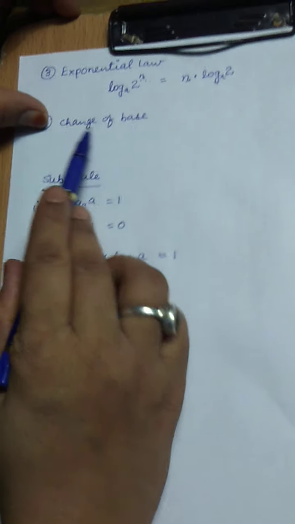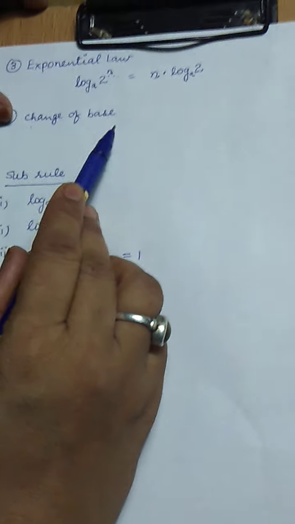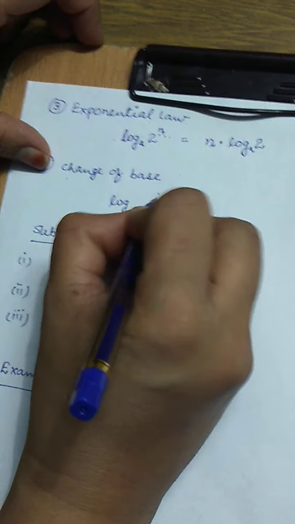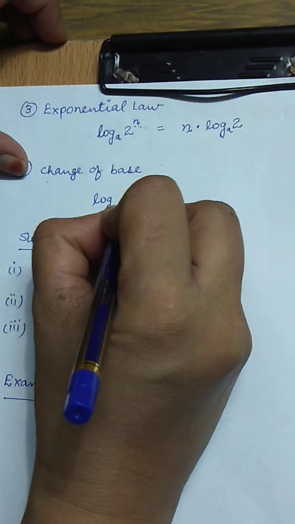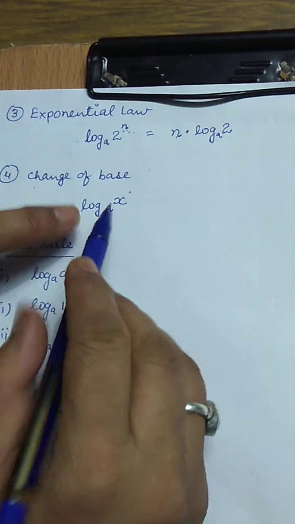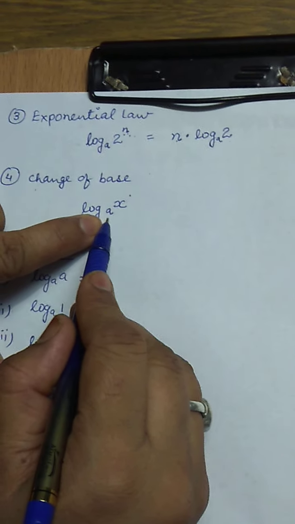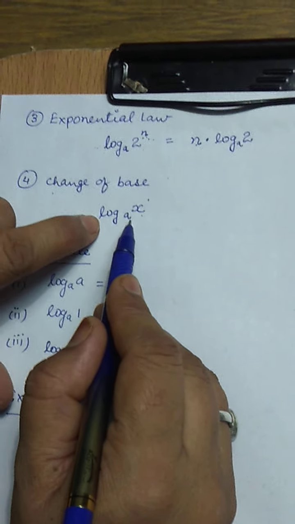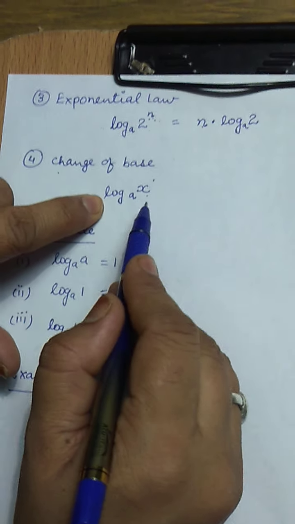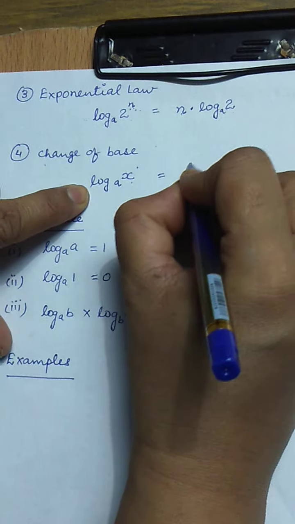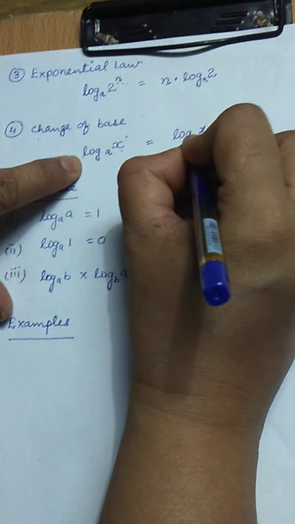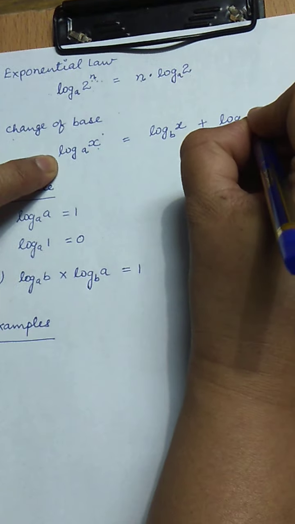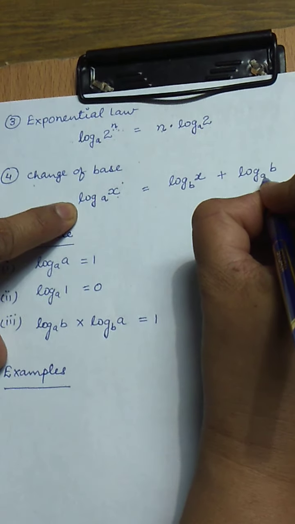Now the law of change of base. The fourth law is the law of change of base. If we want to write some log by changing the base, let us say we have a base a. Now we want to write this log in the form of base b. We can write log of x to the base b times log of b to the initial base a.